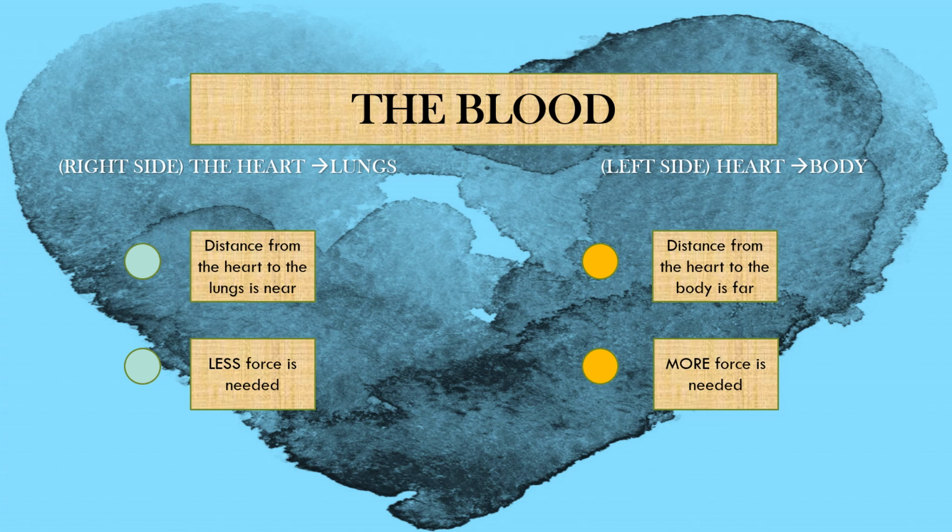So the force that is needed to push the blood from the heart to the lungs is less. Compare it to the left side, where the blood needs to be pumped from the heart to the rest of the body. So the left ventricle has a thicker wall compared to the right ventricle. Thus the blood is pushed throughout the body. So greater force is needed on the left side.